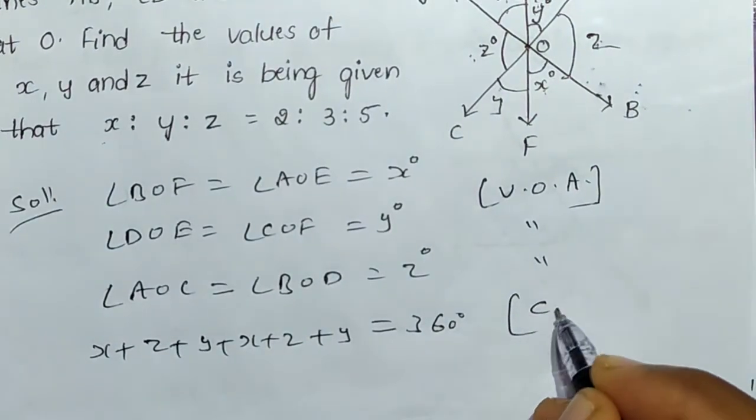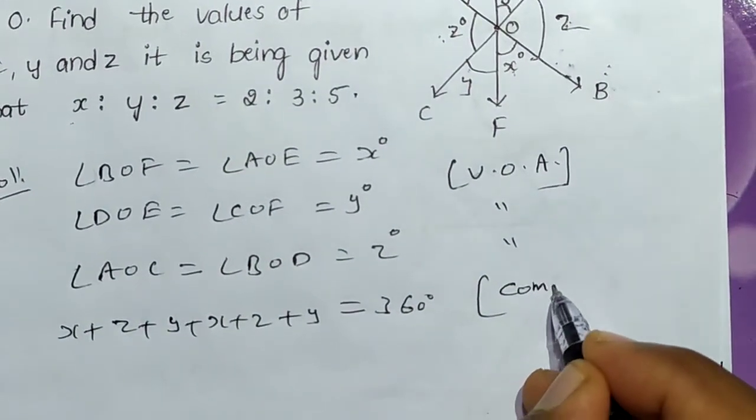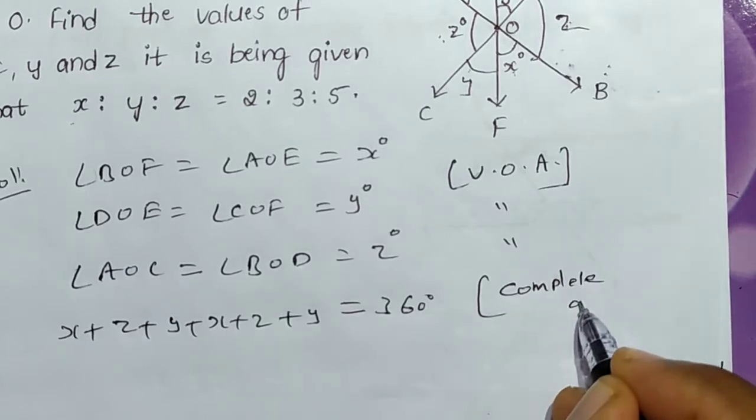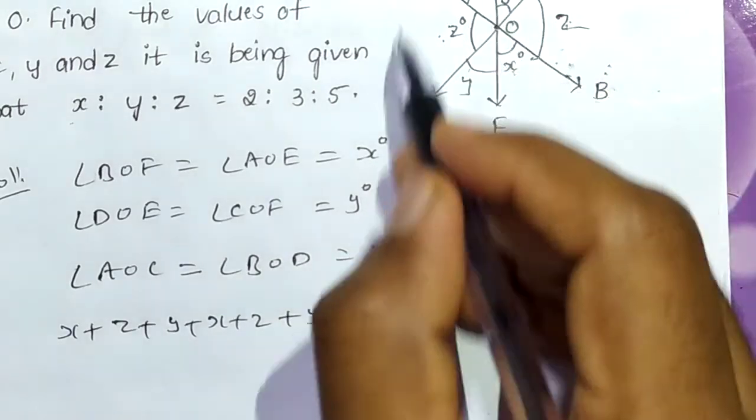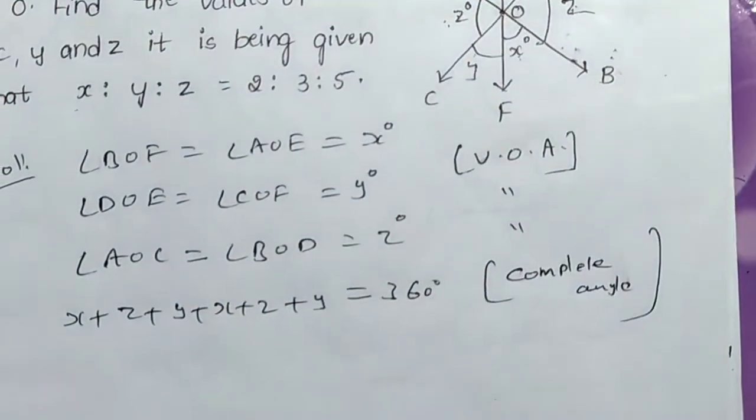That is a complete angle. So the 6 angles form a circle, and at the center the angle is 360 degrees.